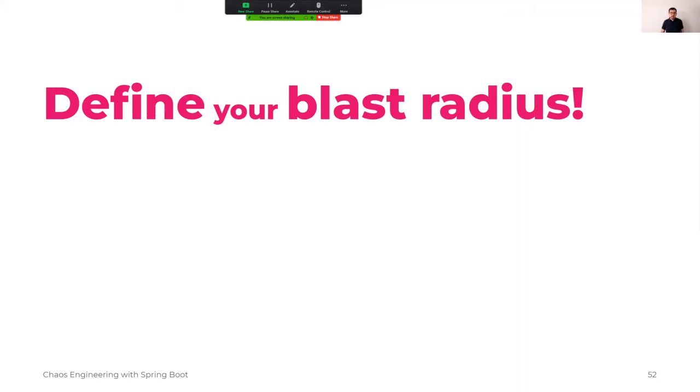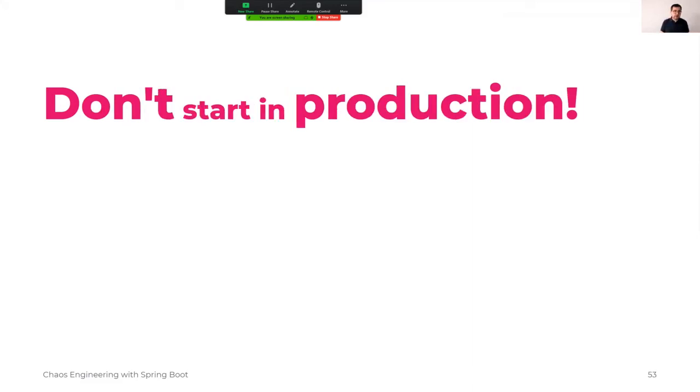And then my last hint I would love to provide is: don't start in production. Even though production might be the nicest and happiest place on earth, as Josh Long usually says, don't start there, because you need to get familiar with the whole thing, right? Therefore, try to make experiments.